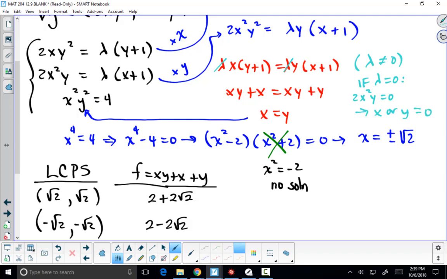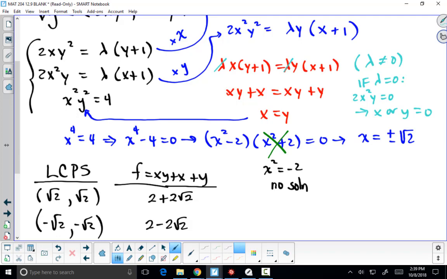So if lambda is 0, then you're forced to conclude that either x or y is 0. And if x or y is equal to 0, does that add any extra critical points? If you plug in x equals 0 here, does it give us anything else? 0 equals 4.